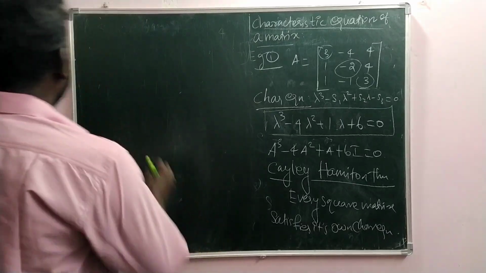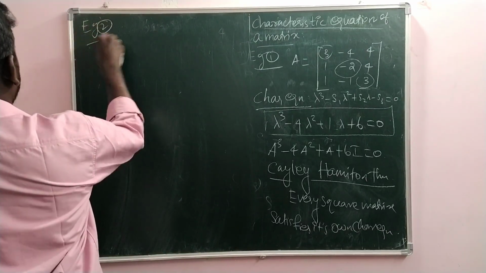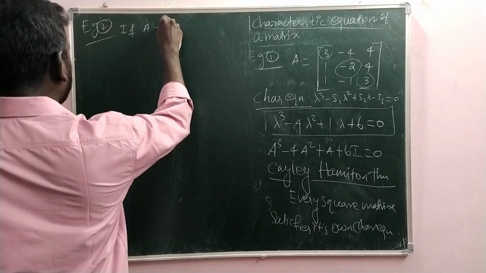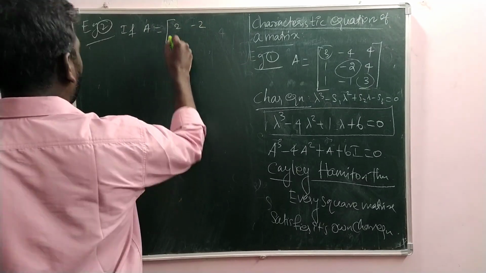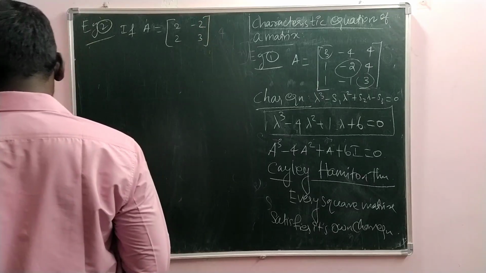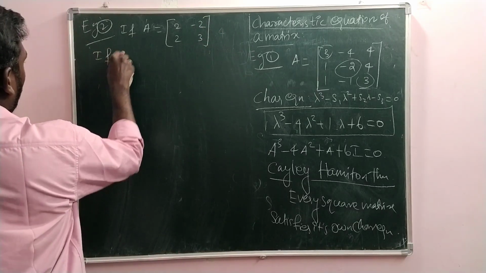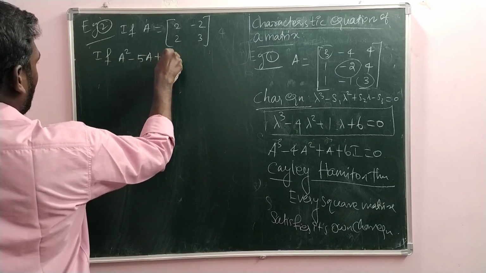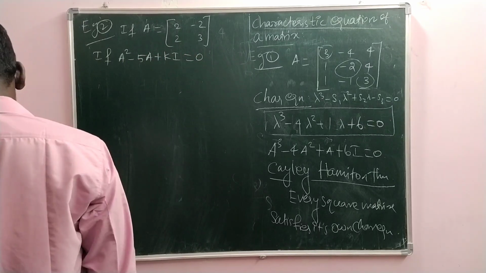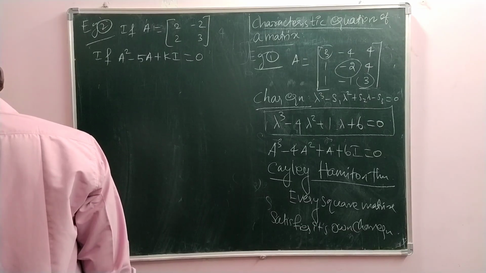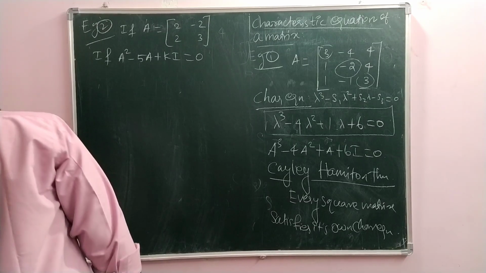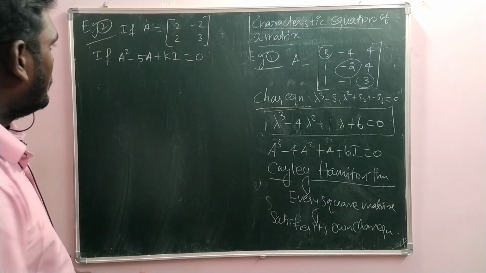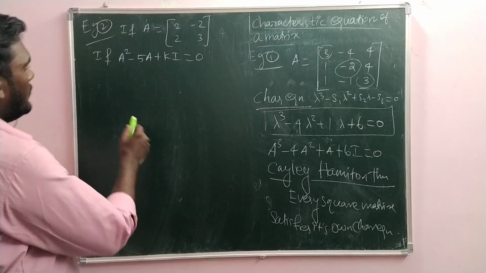Look at this another example. See, if the matrix A is 2 minus 2, 2 and 3, and if we get A square minus 5A plus KI is equal to 0, then we should find the matrix K, the value of K. See, just retrace it.